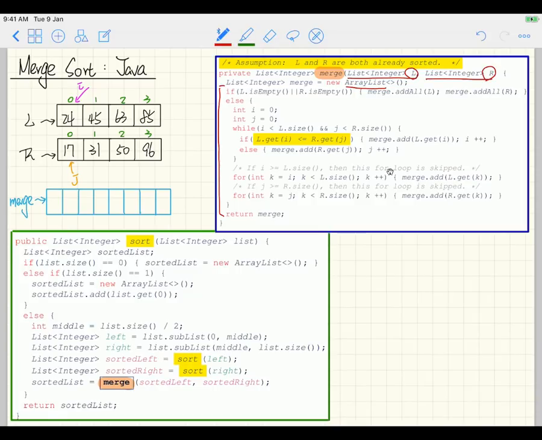For example, left is simply this particular array, 24, 45, 63, 85. And right is simply 17, 31, 50, 96. They individually are sorted, but you cannot just combine them using concatenation. It's not possible, right? So I want to somehow combine them, merge them.